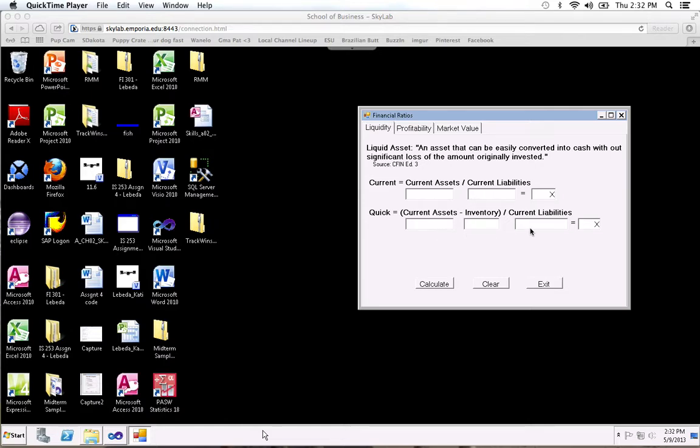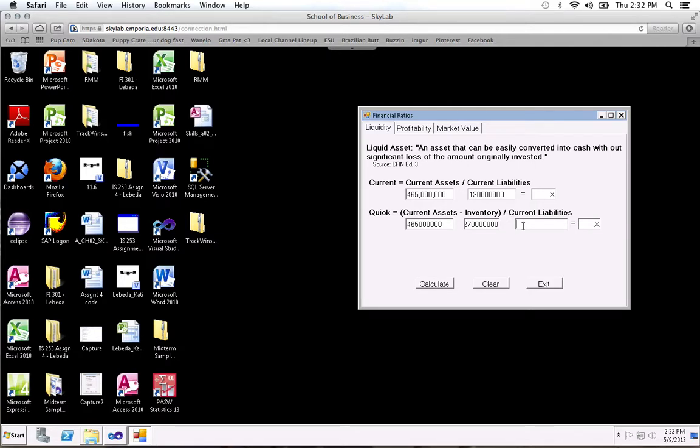So let's say that our current assets are $465 million. And then let's put that here. And then our current liabilities as $130 million. And then inventory as $270 million.